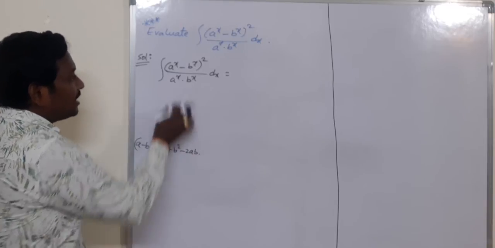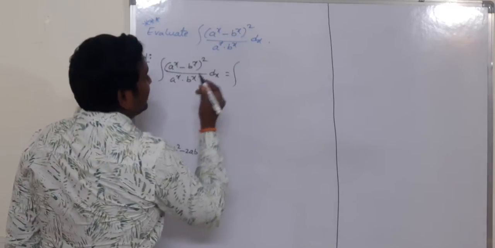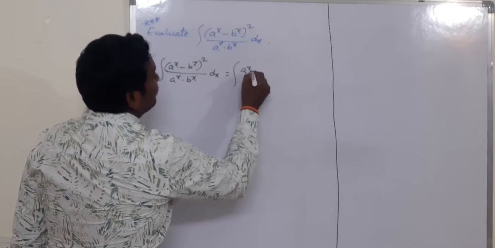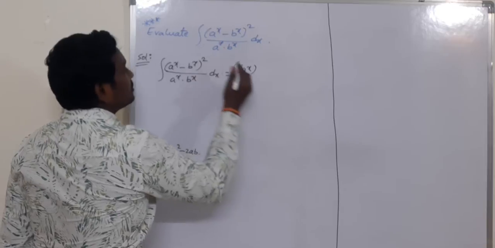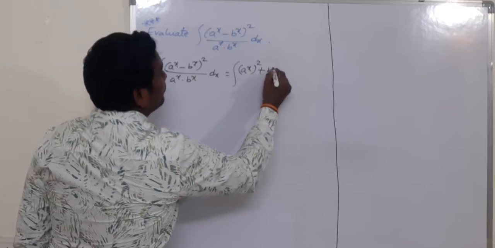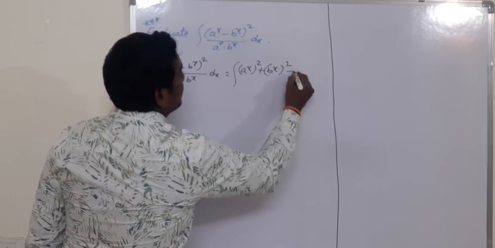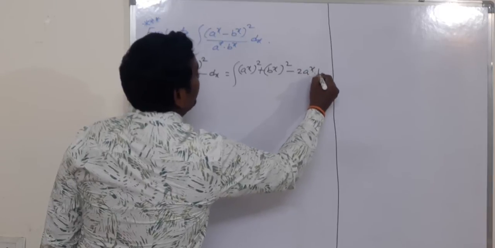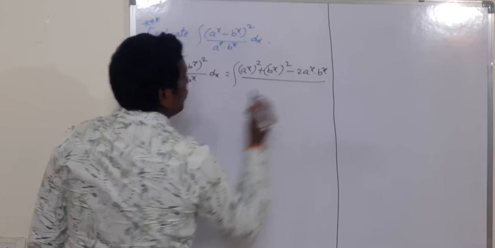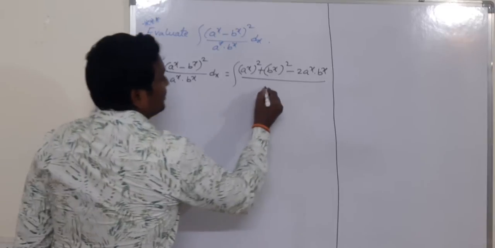According to this formula, the numerator becomes the integral of (a^x) whole square plus (b^x) whole square minus 2 a^x into b^x, whole by the same denominator a^x into b^x into dx.